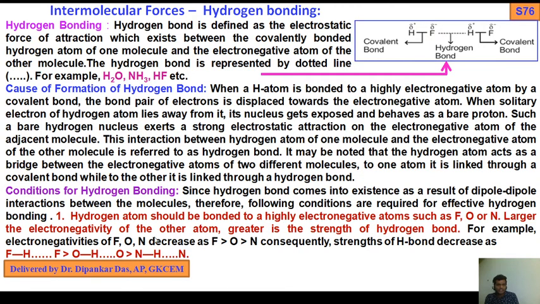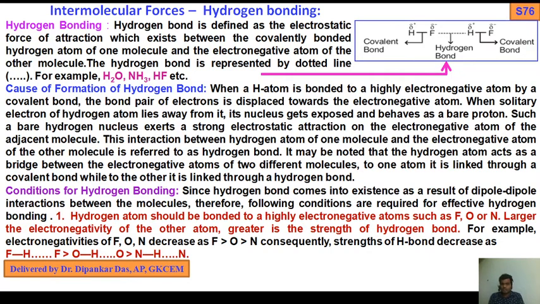The greater the electronegativity of the atoms, the higher the strength of the hydrogen bond. So the strength of the hydrogen bond will be more if the electronegativity of the element increases. For example, the electronegativities of fluorine, oxygen, nitrogen decrease: fluorine greater than oxygen greater than nitrogen, as fluorine is more electronegative compared to oxygen and nitrogen.